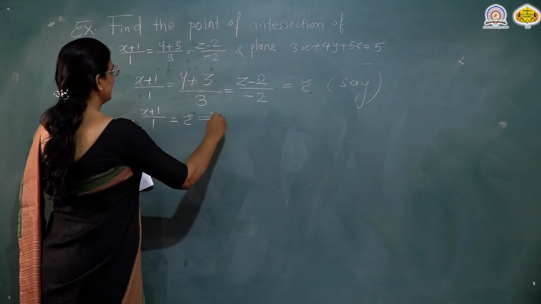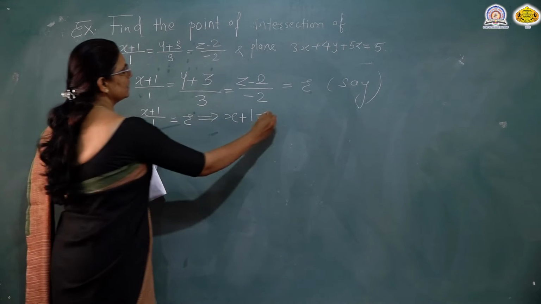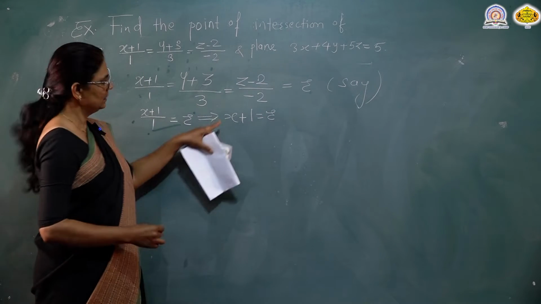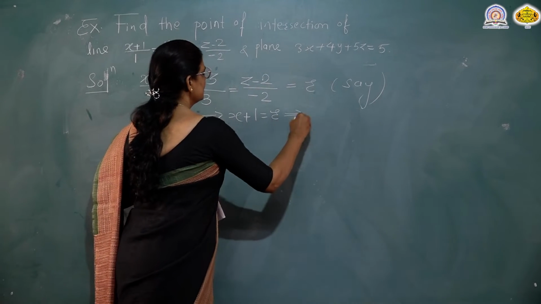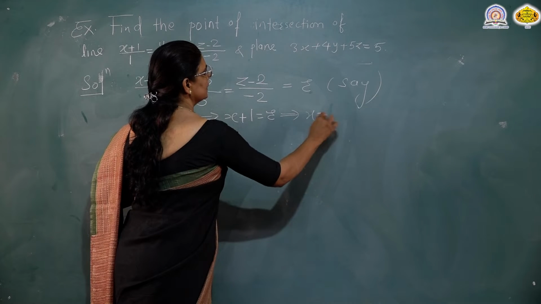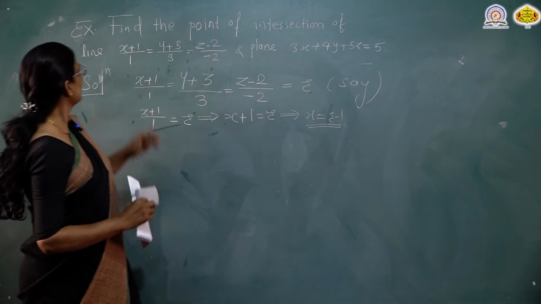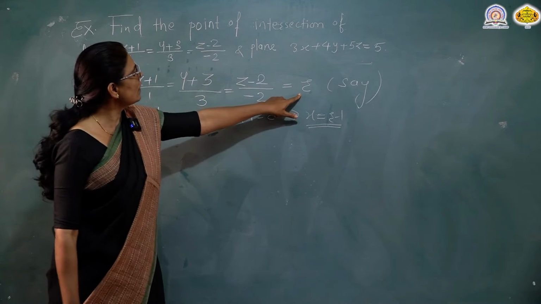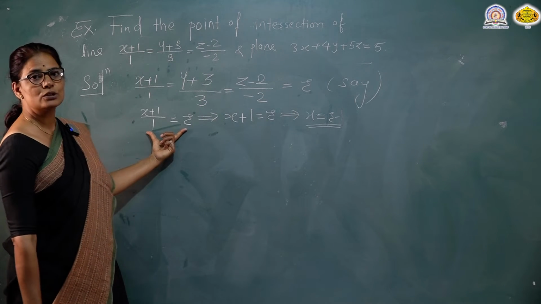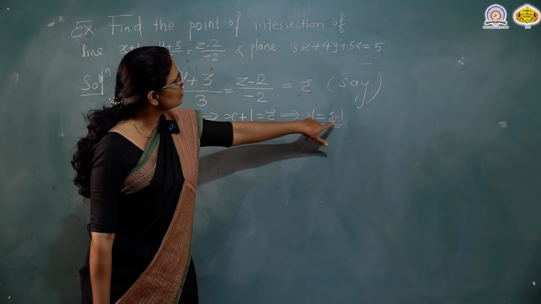So x+1 = r by cross multiplication. So it gives x = r - 1.